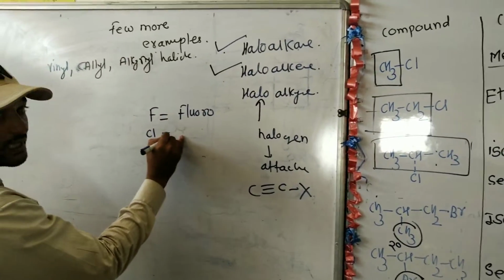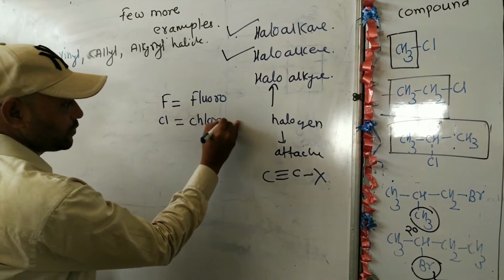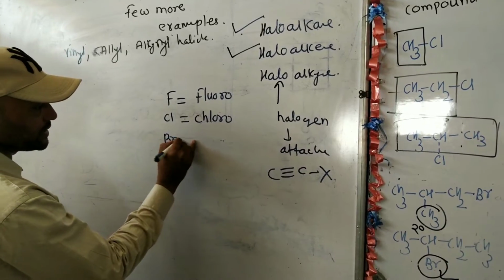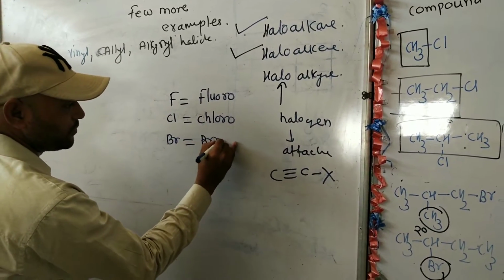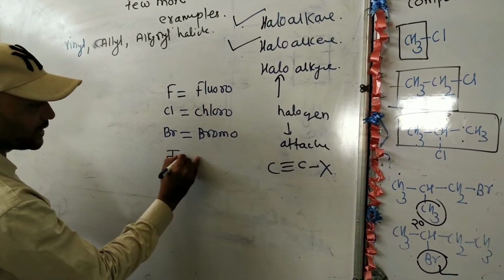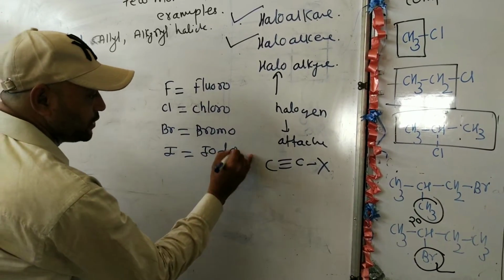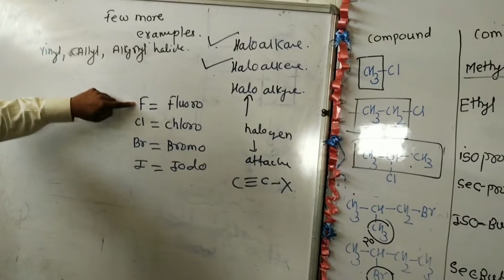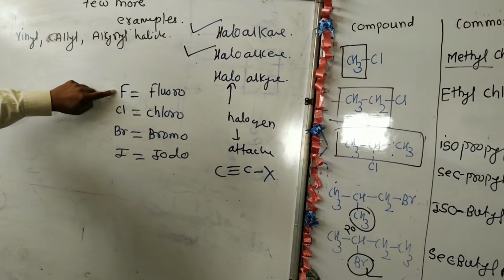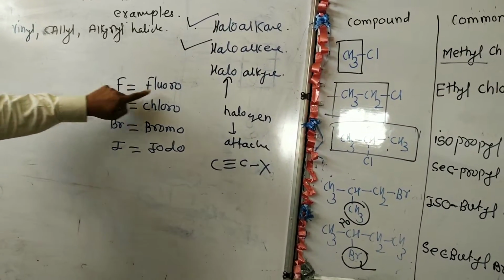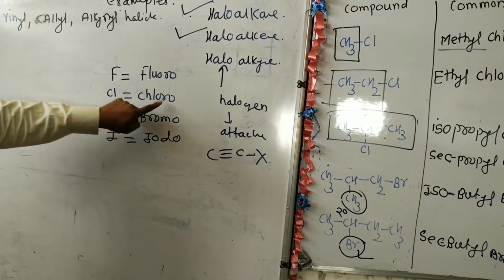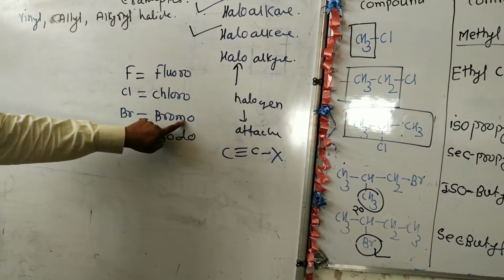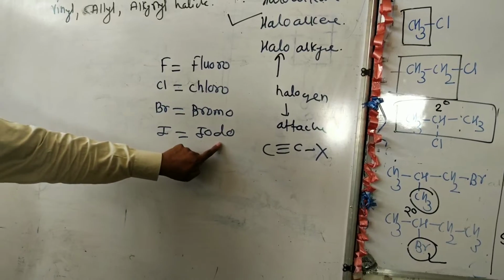If chlorine is there, chloro. If bromine is there, bromo. If iodine is there, iodo. So in IUPAC, our halogens are named: fluorine, fluoro; chlorine, chloro; bromine, bromo; iodine, iodo.